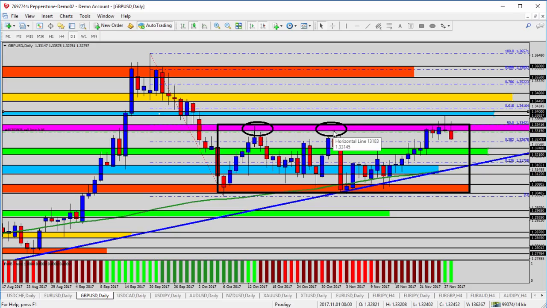So we know that historically this is resistance, and now for the past 4 days, not including today, 1, 2, 3, 4 days, it has found resistance at that same area, the 1.3315, 3340 level, becoming a point of decision for us. One of two things is going to happen at this pink shaded area.